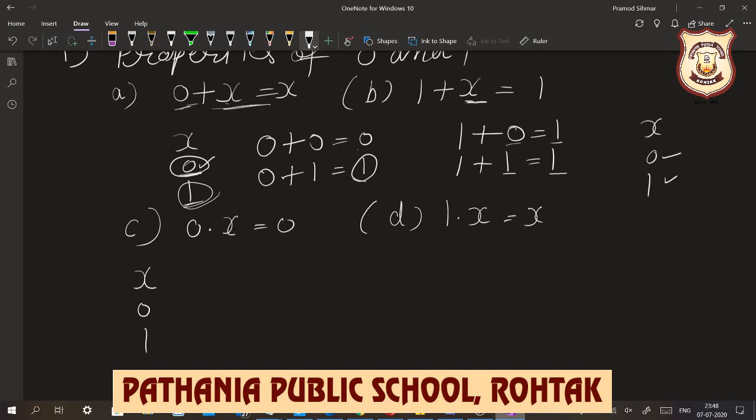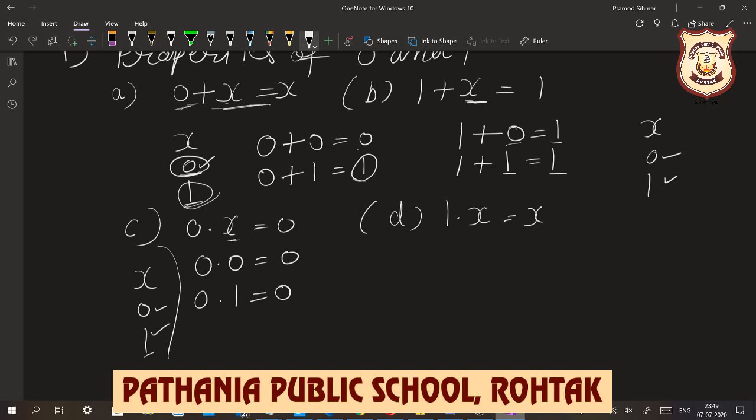If our first value is 0, you can do the calculation: 0 multiply 0 always 0. And if we take 1, 0 multiply 1 is equal to 0. So it's proved here. If x is 0, then your answer is 0.